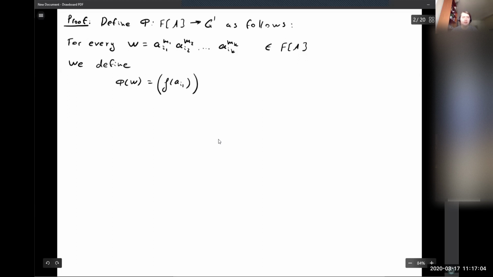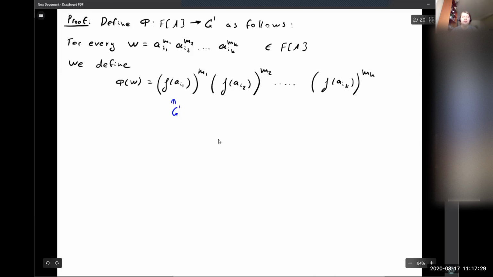And we raise it to the power m1. Then we take f of a_{i2} and raise it to the power m2, and so on, all the way to f of a_{ik}, which is then raised to the power mk.